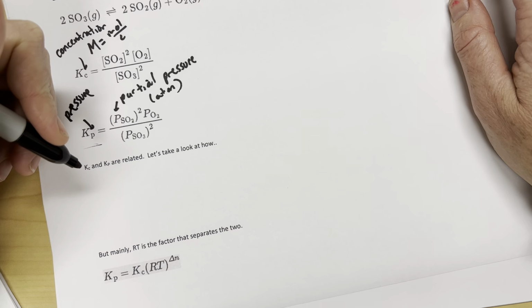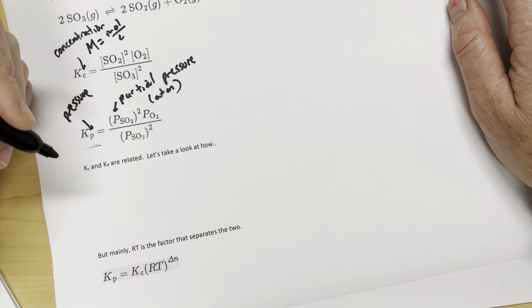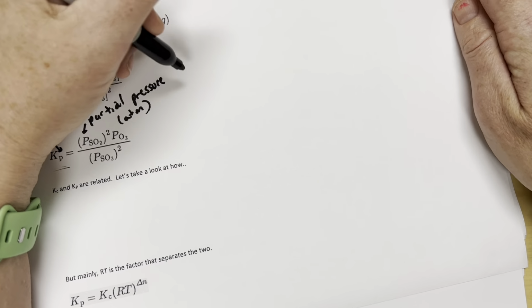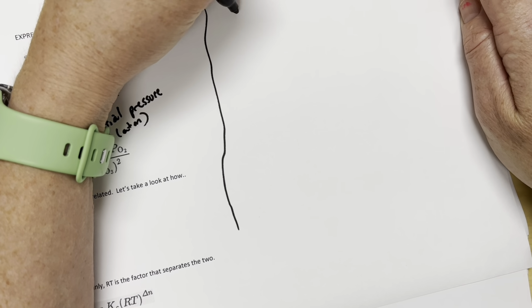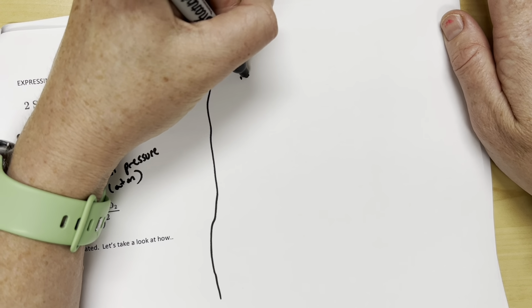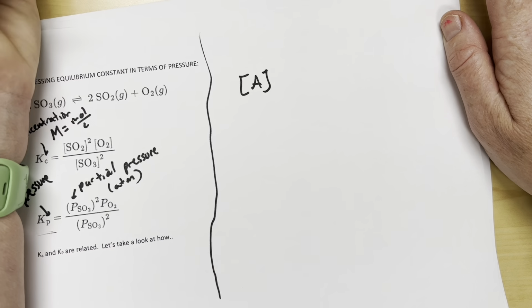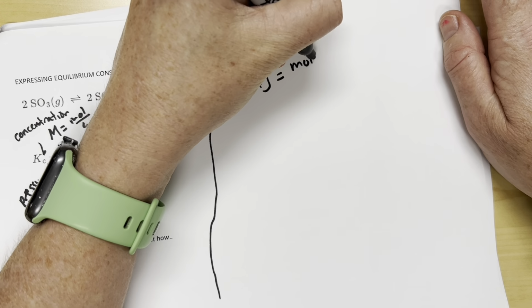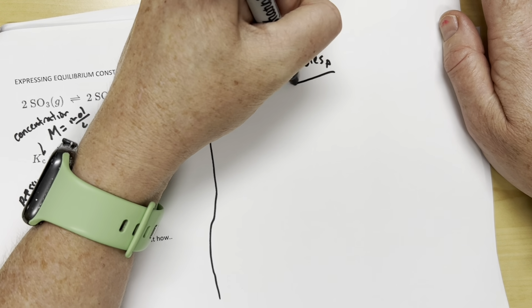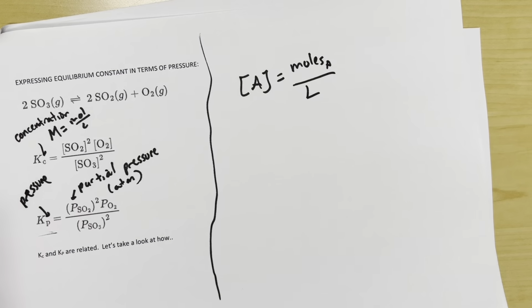Let's see how to go about this. I think the best way is to remember what concentration is. Let's say you have the concentration of something, A. What we're talking about is the moles of A over the liters of solution.